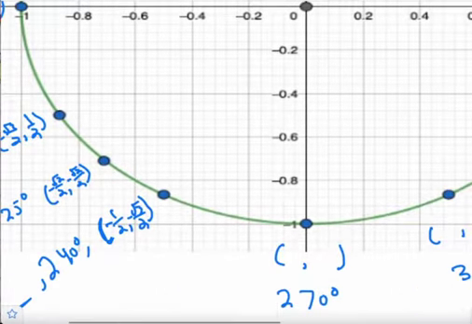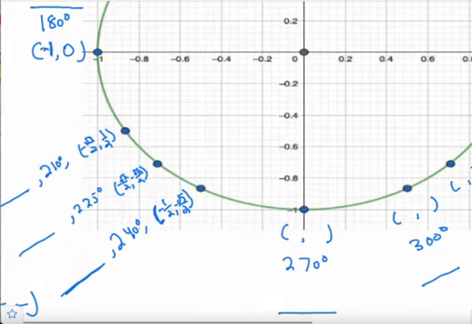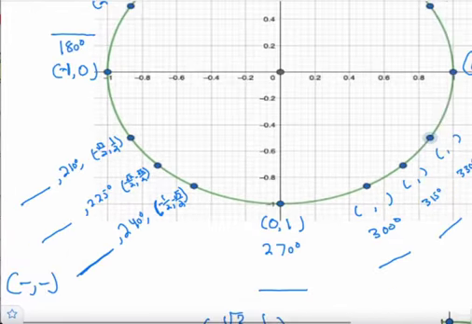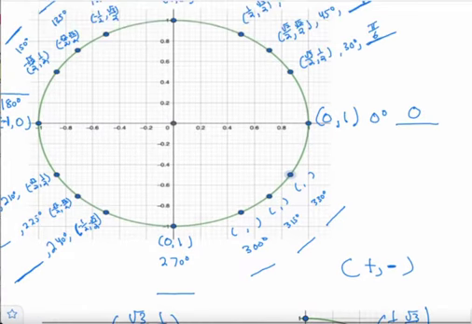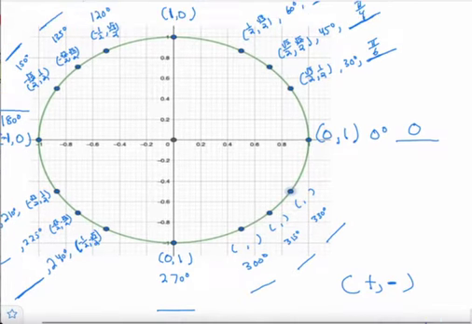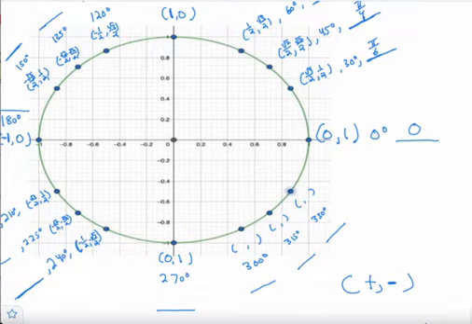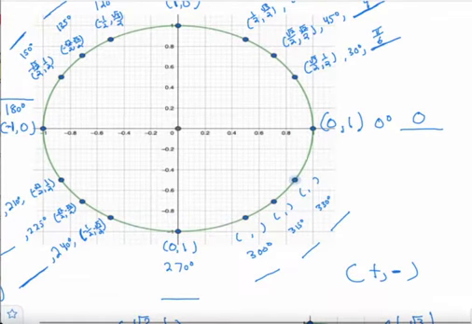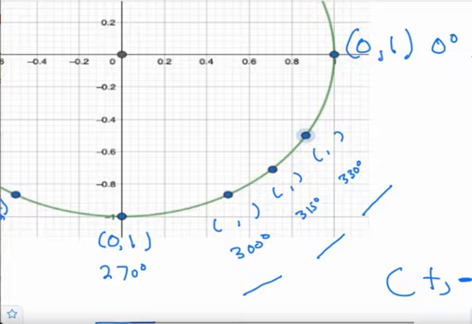All right, and again, 270, well, I can just see that x is 0 and y is minus 1. So now we can move into the fourth quadrant, and in the fourth quadrant, positive x's, negative y's. So 300 is 60 degrees away, so I'm going to use this, and it's going to become 1/2, minus square root of 3 over 2.